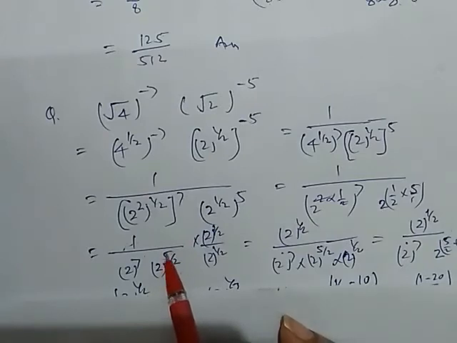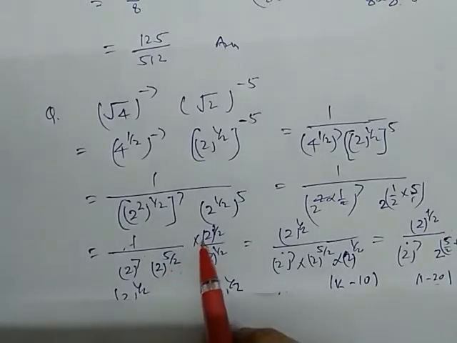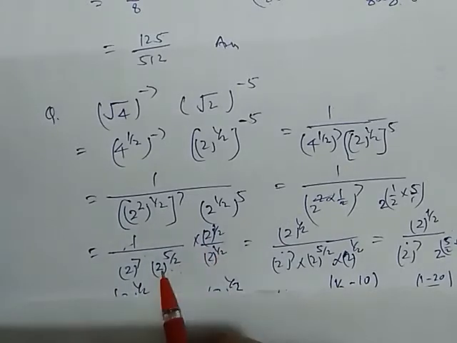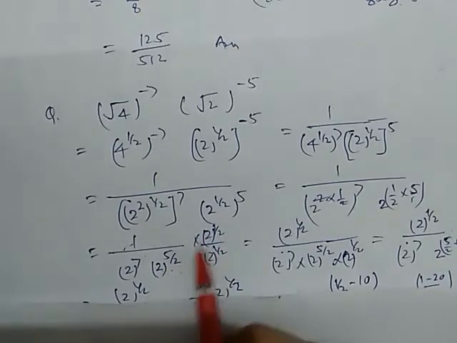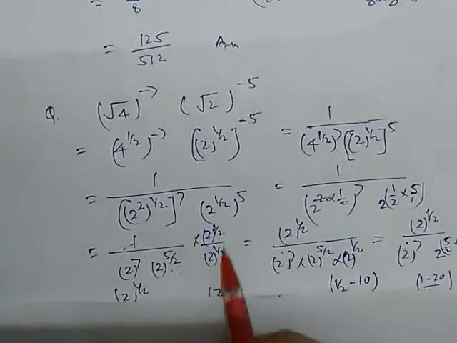Here 5 by 2 means a square root is involved in this. So first of all we have to rationalize this. 5 by 2 means 2.5, half means square root. So we remove the square root by multiplying. This is the rationalization. So we multiply 2 power half and 2 power half to numerator and denominator both.